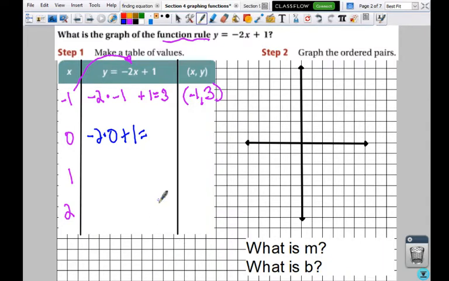And Desmos is really nice, because the only thing that changed from the last thing I plugged in is instead of a -1 right here, we're plugging in a 0, right? So I'm not going to erase this problem. All I'm going to do is erase the -1 and put in a 0. Because Desmos is nice, I don't need to type it in over and over again. I just need to do it once.